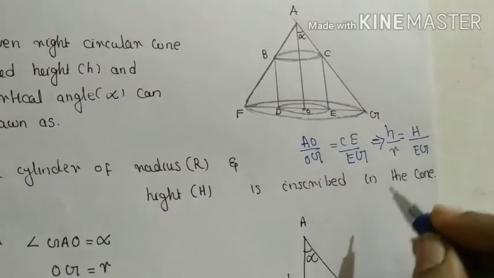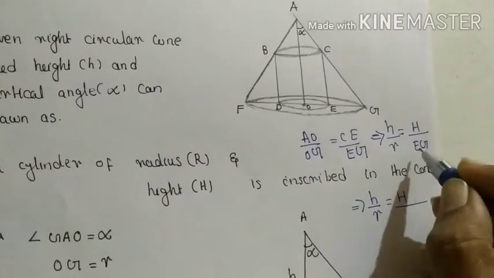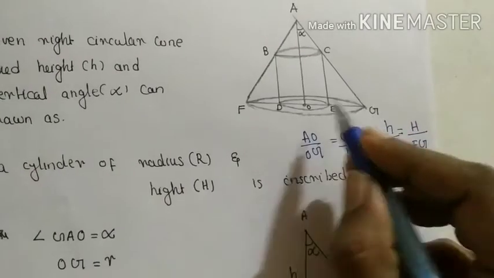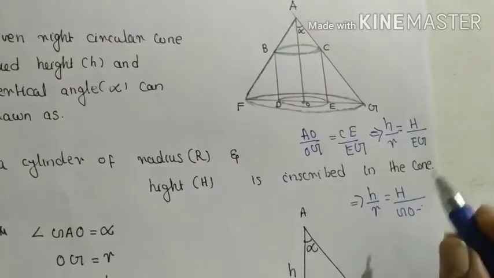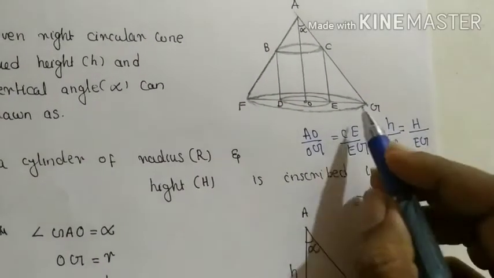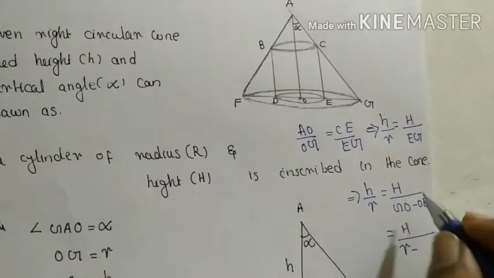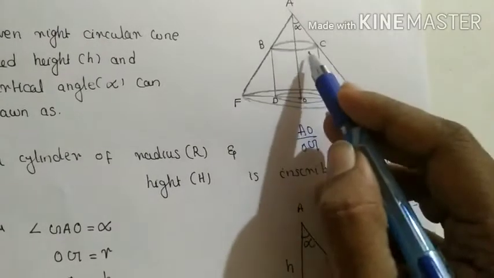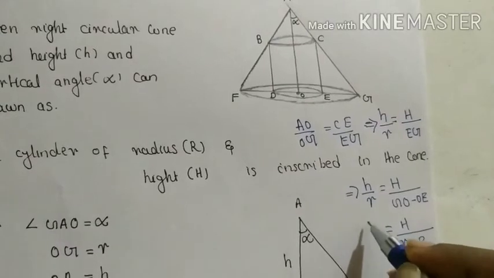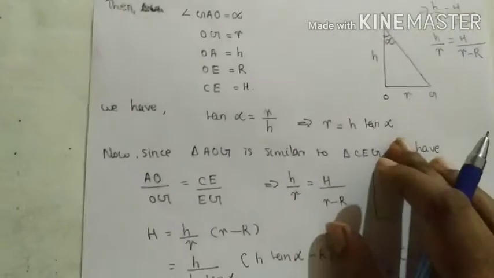Replacing EG by GO minus OE, here we know that GO is the radius of the cone, that is r, and OE is the radius of our cylinder, which is taken as capital letter R. So we get our ratio as h by r equal to H by (r minus R).